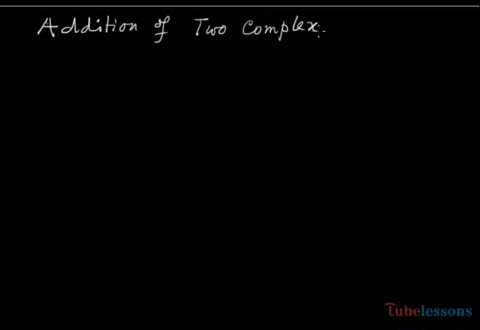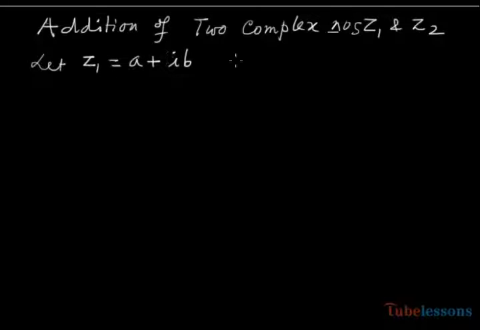Now we'll start operations. First, addition. Let Z1 equal a plus ib and Z2 equal x plus iy.